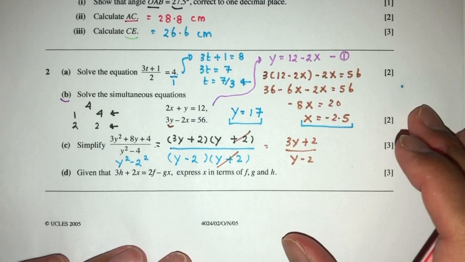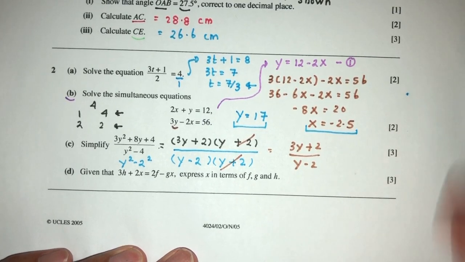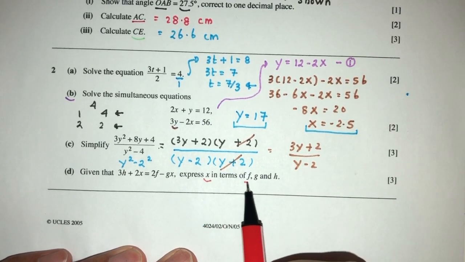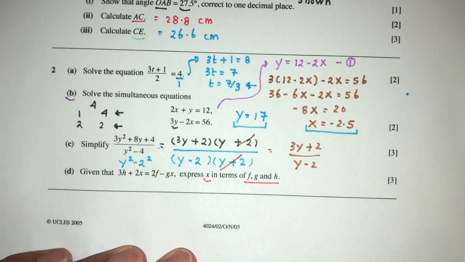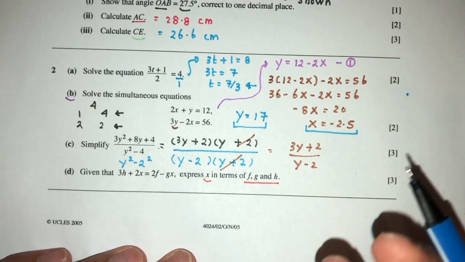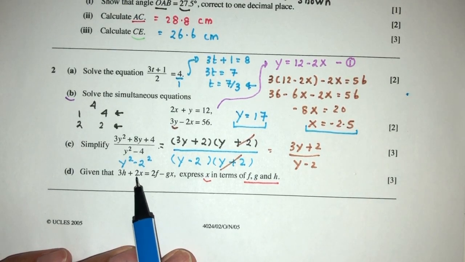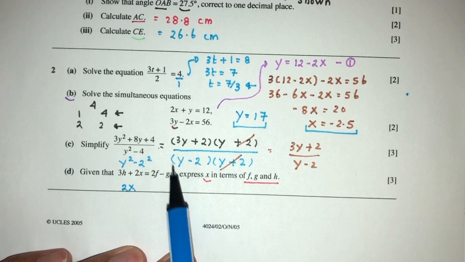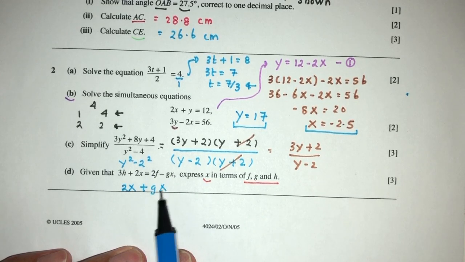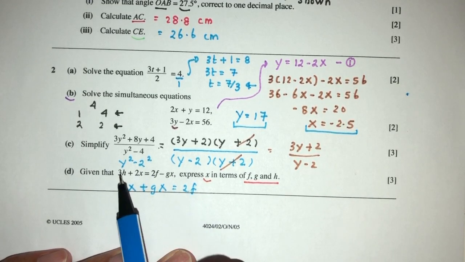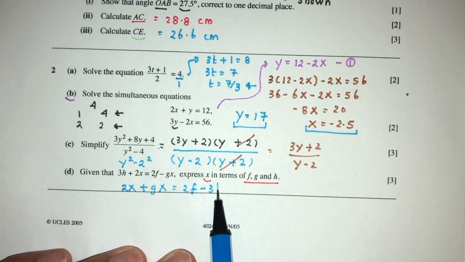Now for part D of the question, we have to express x in terms of this. So we have to make x the subject of the formula. Pretty easy. First, let's regroup all the x to one side. Here we have 2x. We send this over here, it becomes plus gx. Here we have 2f. Send this over here, it becomes minus 3h.